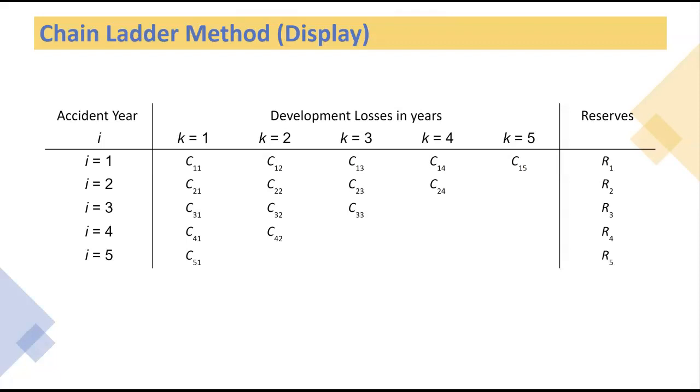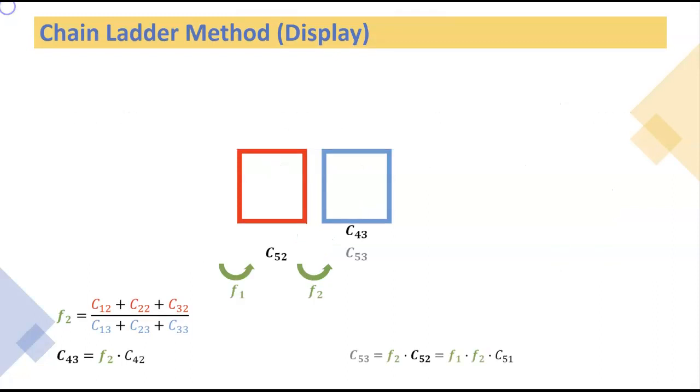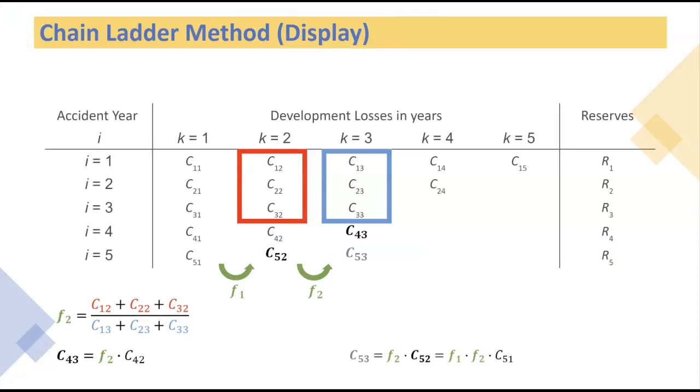Here, we show the application of the volume-weighted average method, where we add up two columns and take the ratio. The age-to-age factors are then multiplied together with the total claims amounts, resulting in loss from the subsequent time frame.